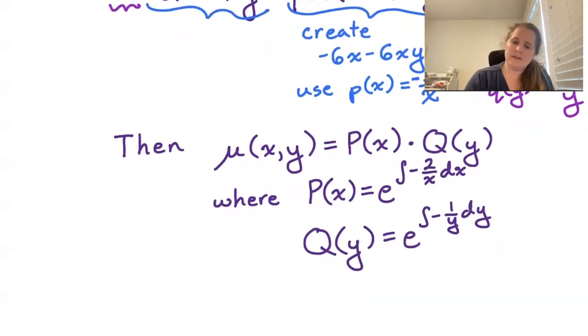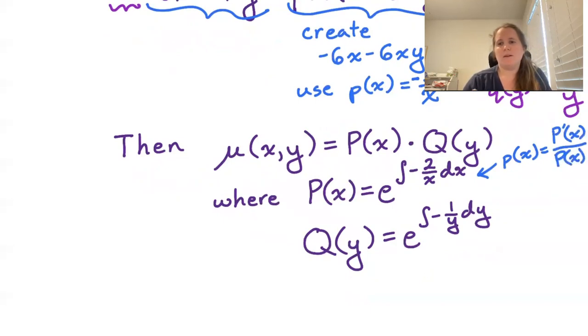So note, because I didn't really run through it earlier, this comes from using the fact that lowercase p of x is equal to capital P prime of x over capital P of x, assuming that mu takes that form.